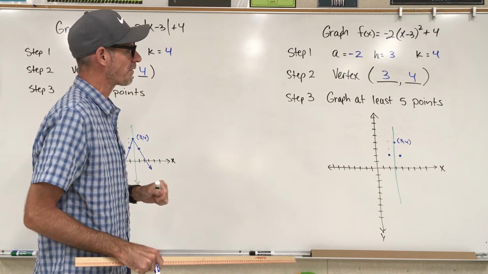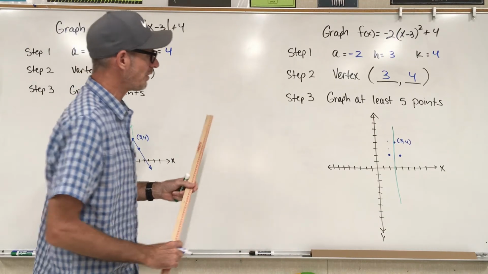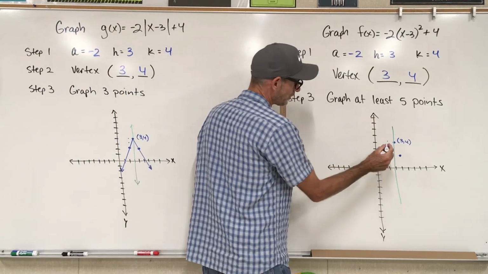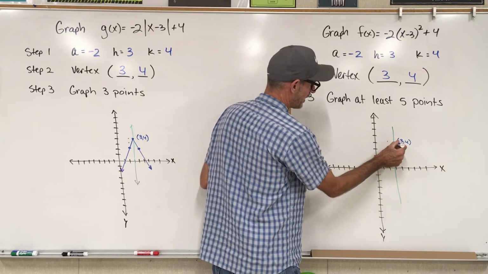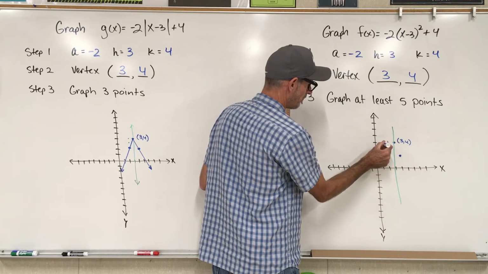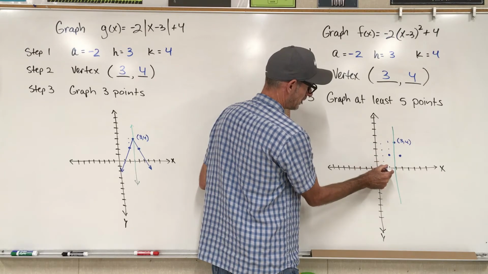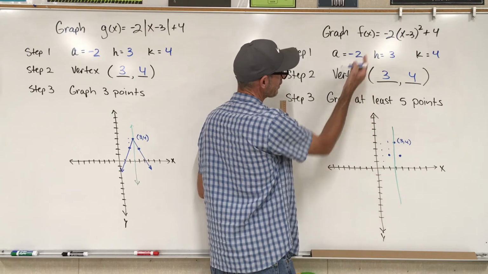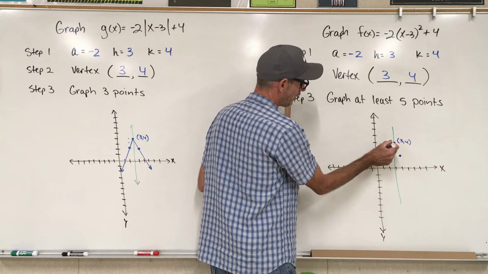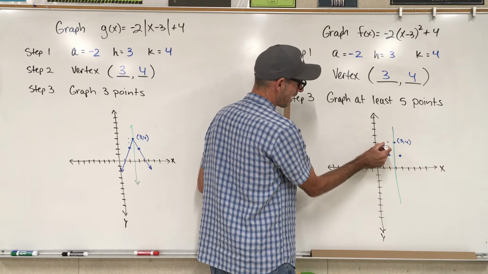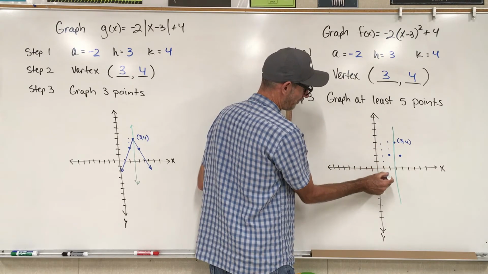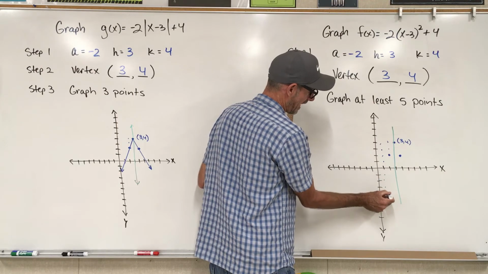Quadratic functions make parabolas. So we're going to have to keep going. So now if I was graphing the parent function and I went over 2, I would go down 4. But because I have a vertical stretch of 2, when I go over 2, I'm actually going to go down 1, 2, 3, 4, 5, 6, 7, 8.